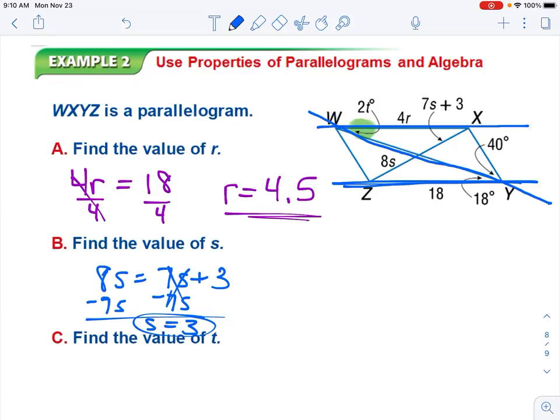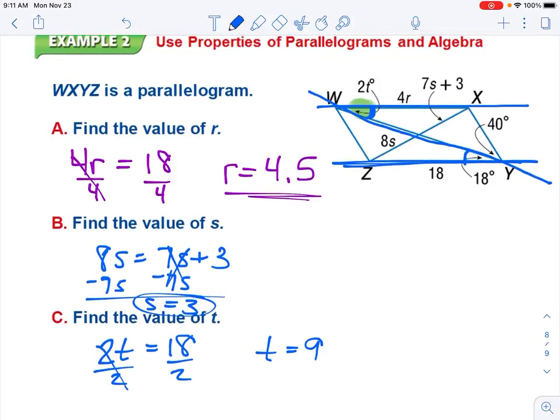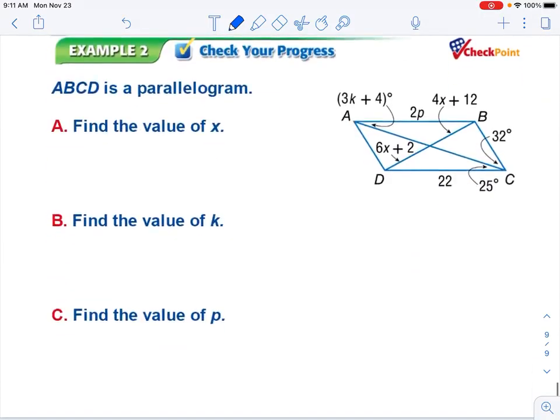So we can actually say that this angle 2T is congruent to 18 by the alternate interior angles theorem. So 2T is equal to 18, and you get T is equal to 9. All right, that wasn't too bad.